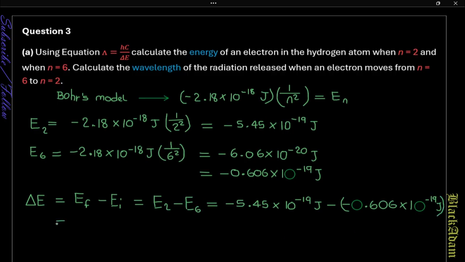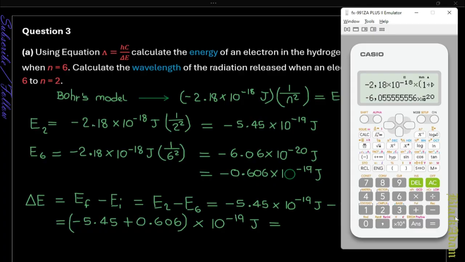Negative times negative is positive, so we take the positive value 0.606, and remember they're all in the same unit, which is 10 to the power negative 19 joules.